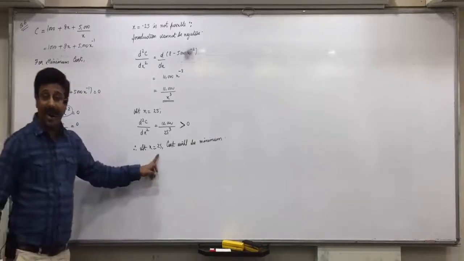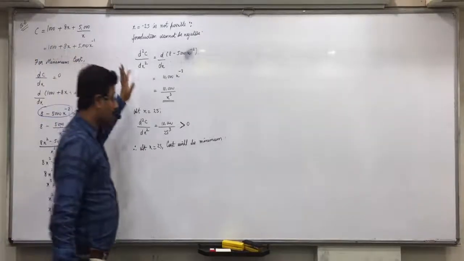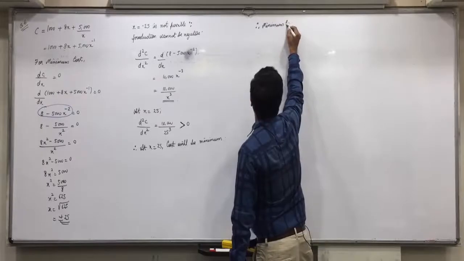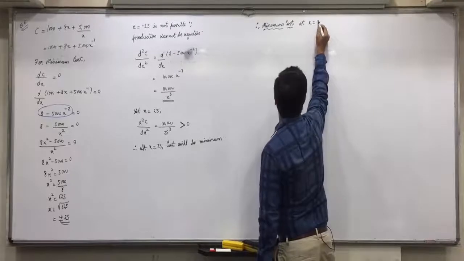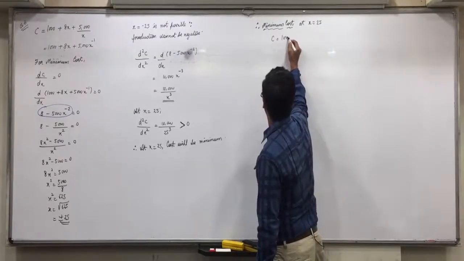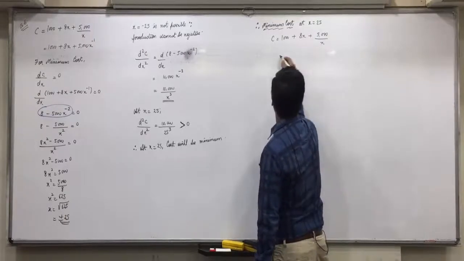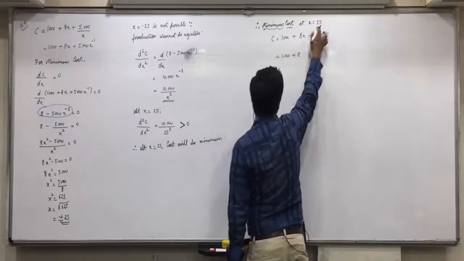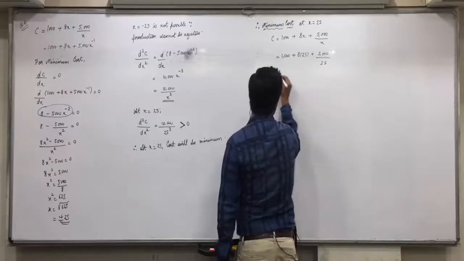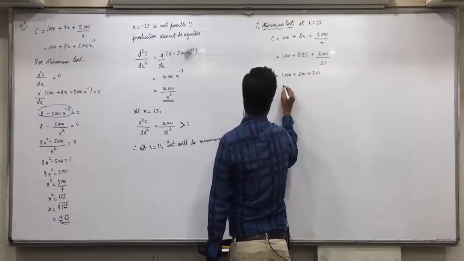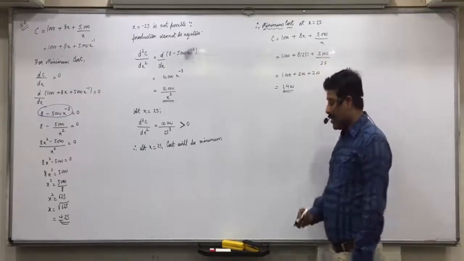So this 25, we have to put in the actual cost function and get the minimum cost. Therefore, minimum cost, at x equals to 25, c equals to 1000 plus 8x plus 5000 upon x. 1000 plus 8 into 25 plus 5000 divided by 25. 1000 plus 200 plus 200, 1400. 8 into 25 is 200, and 5000 divided by 25 is also 200.